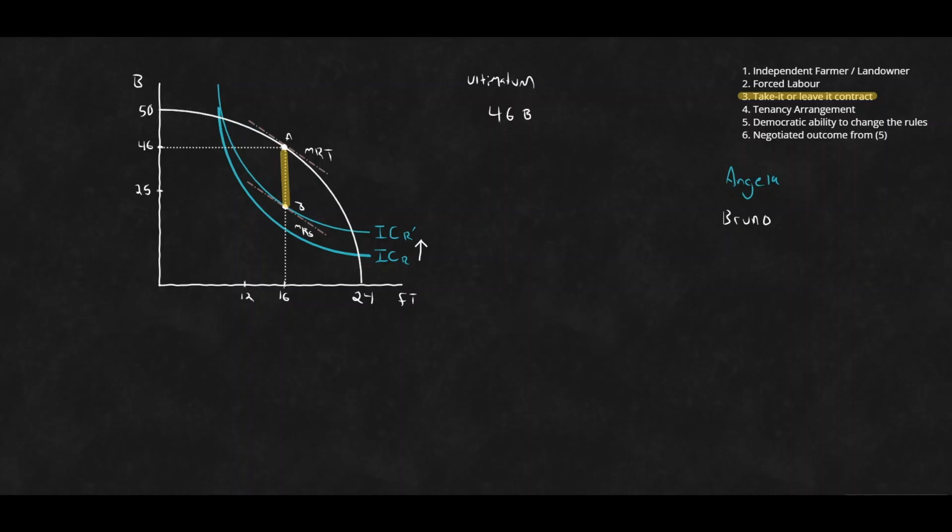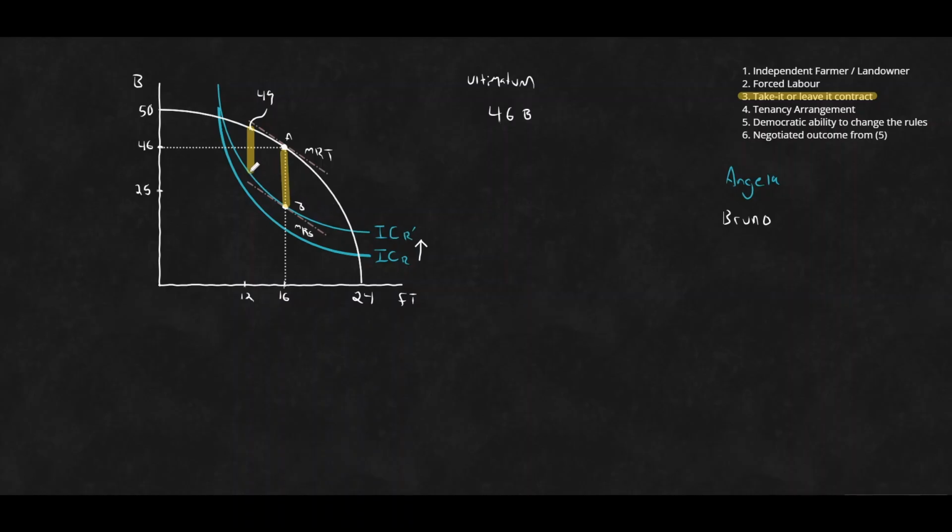If we found ourselves at a different point, say we tried to get more altogether, so here we go, maybe that's now something like 49 bushels of wheat being provided. Well, although 49 bushels being provided altogether, Bruno would be able to get less because of this indifference curve.